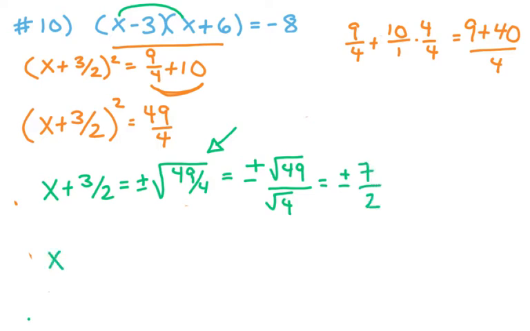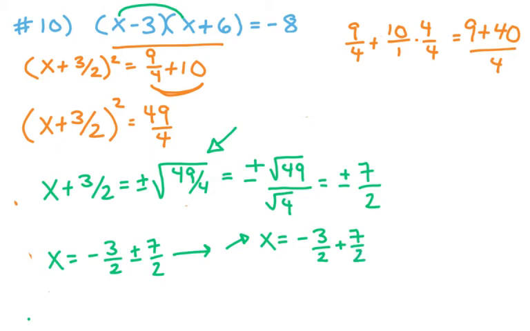So x equals negative 3 halves plus or minus 7 halves. Now, where is this going to take us? Well, one answer is x equals negative 3 halves plus 7 halves.